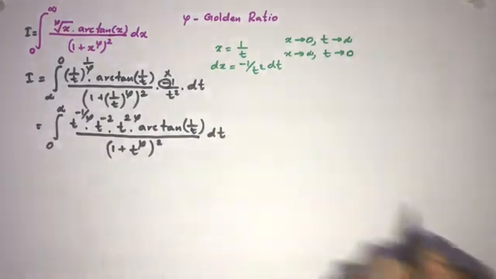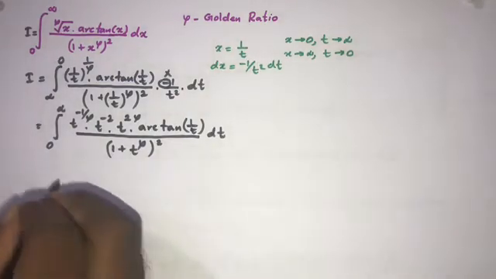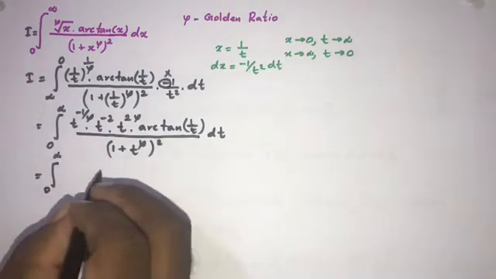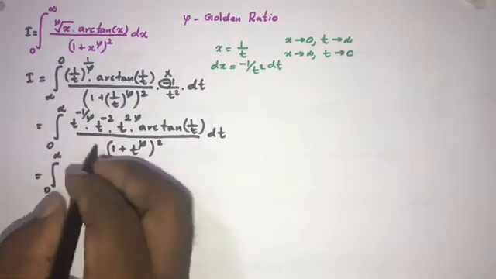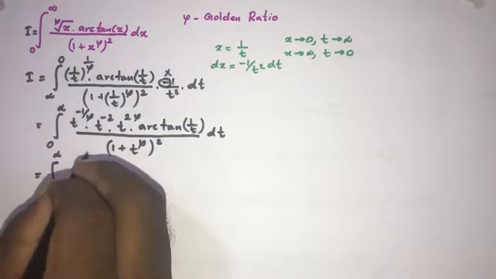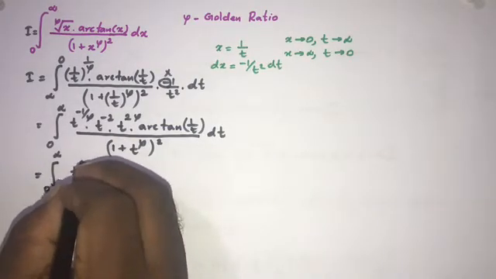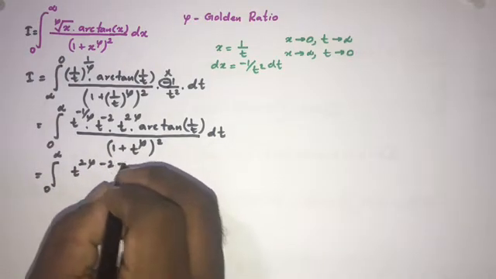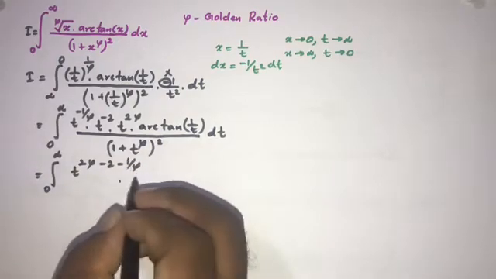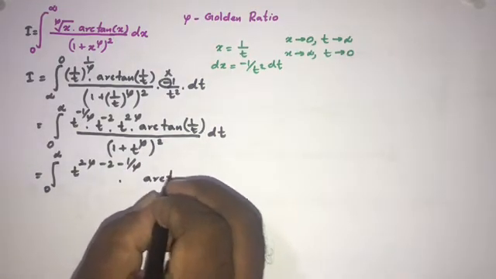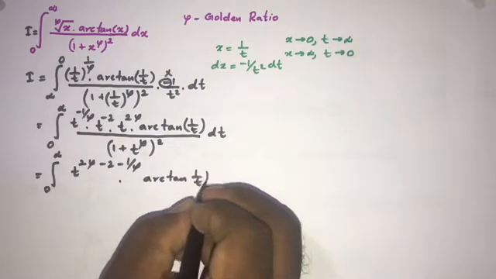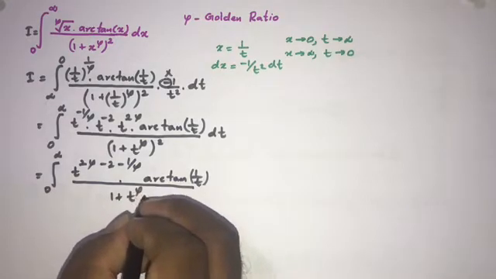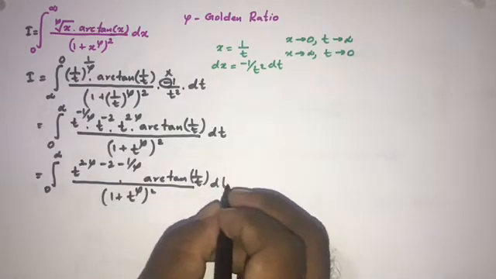Okay, now we can write this is equal to the integral from 0 to infinity, same base, so t raised to the 2φ minus 2 minus 1 over φ times arctan of 1 over t over (1 plus t to the φ) squared dt.